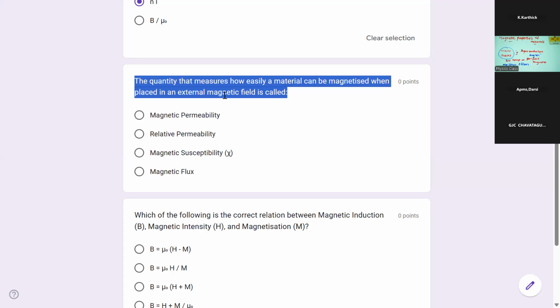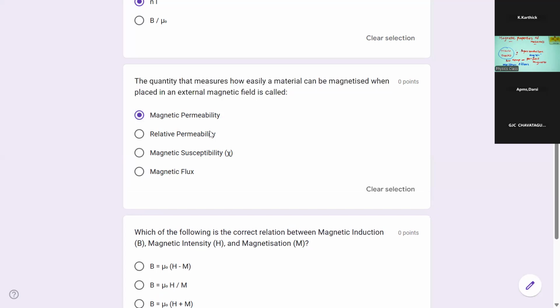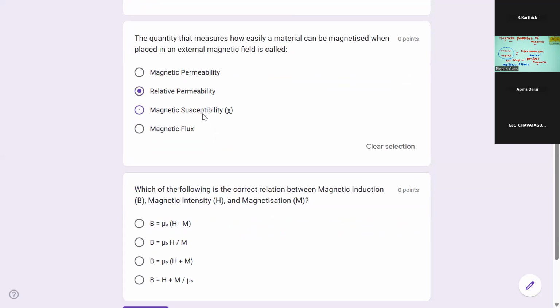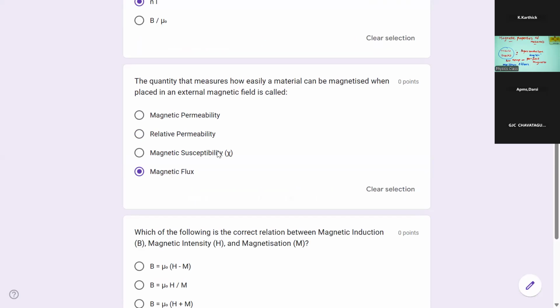One quantity measures that characteristic. Option A, magnetic permeability. Option B, relative permeability. Option C, magnetic susceptibility psi. Option D, magnetic flux. Which one is correct?